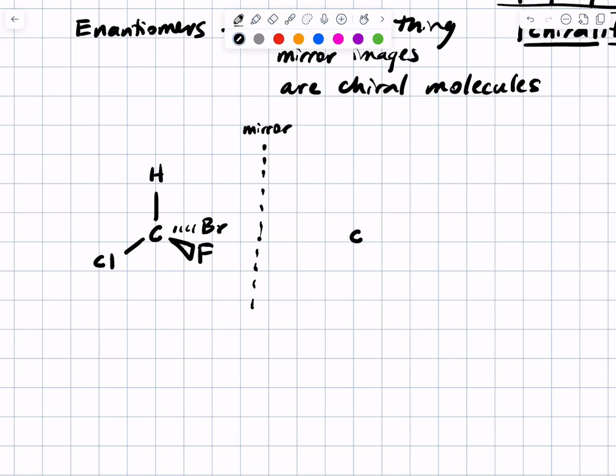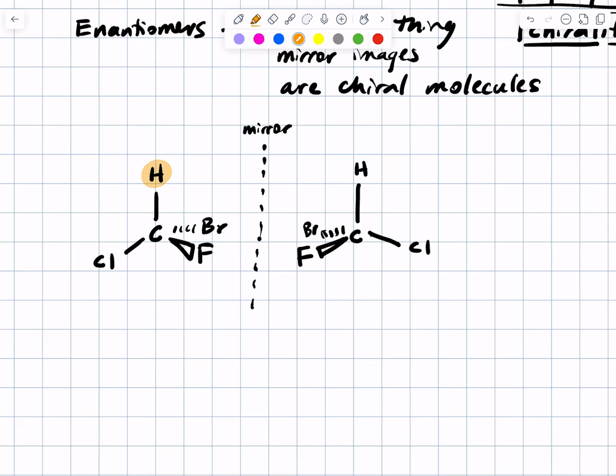So for example, here is the carbon, here is the hydrogen, but whereas the fluorine on this side of the mirror was pointing as a wedge towards the right, the fluorine on the other side of the mirror must be a wedge pointing towards the left. Do you see how that's a reflection? Similarly, the bromine should be pointing towards the left. The chlorine, which used to be pointing towards the left and was a straight line, will now be pointing towards the right. Okay? Those are 2 mirror images of each other.